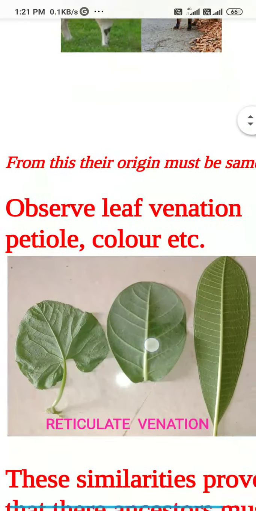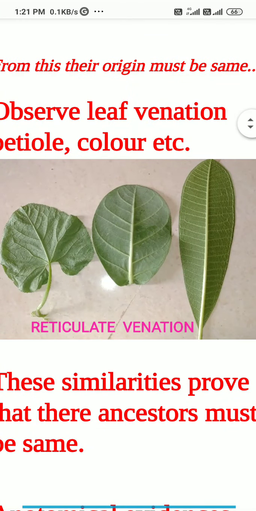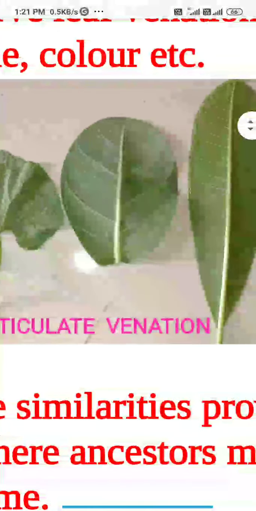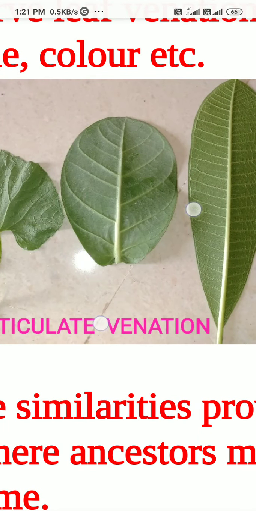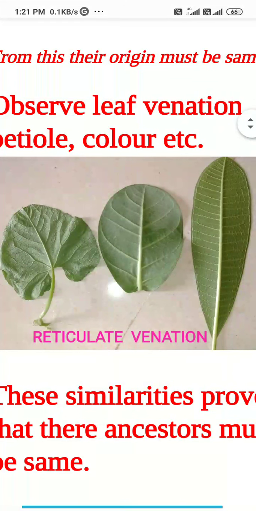After that, observe this figure, this photograph. This photograph belongs to three different types of plants, but the similarities seen in them are, first, color, and second, venation, means structure of veins.